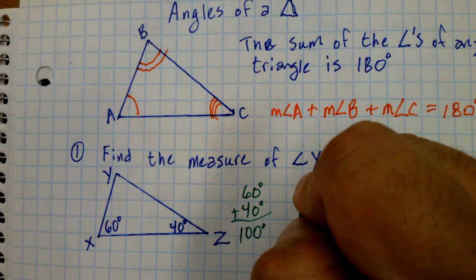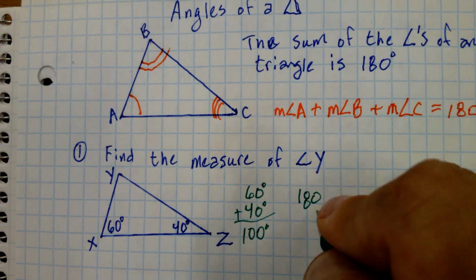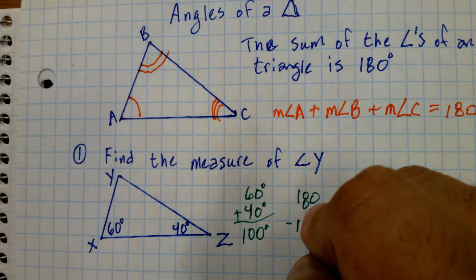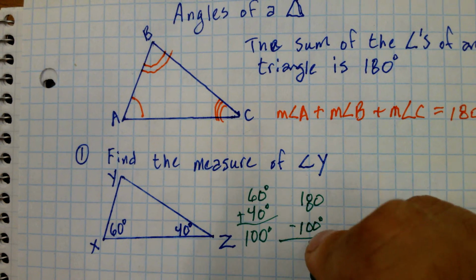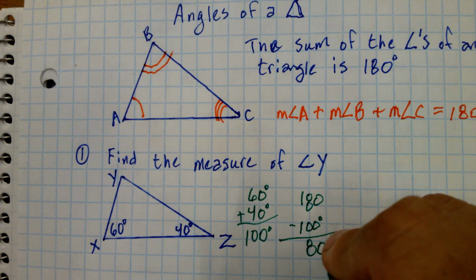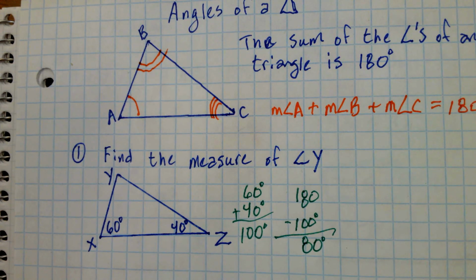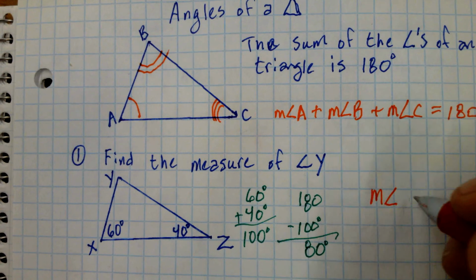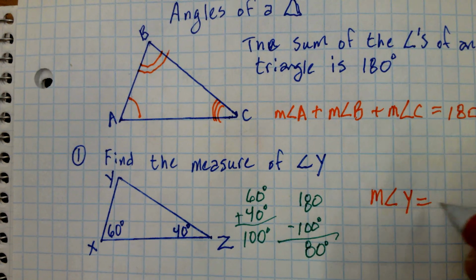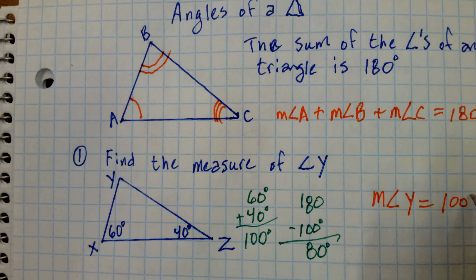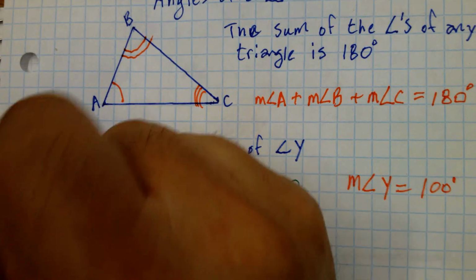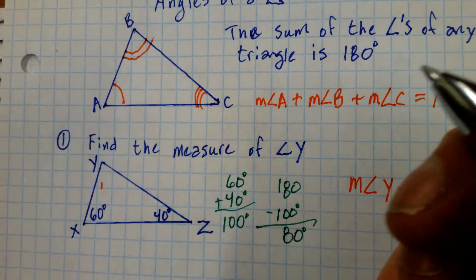So 180 minus 100 gives us 80. And that's going to be the measurement of our angle. So the measurement of angle Y is 100 degrees. Okay? And that's our answer.